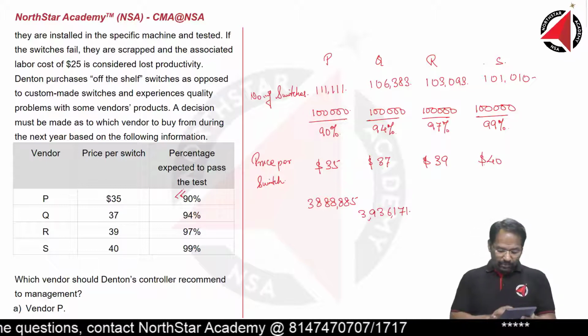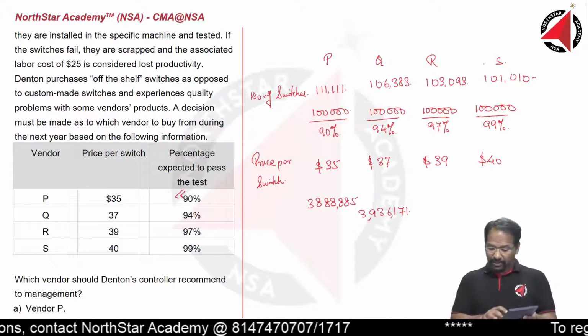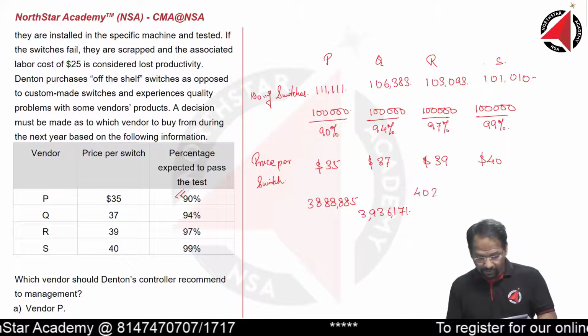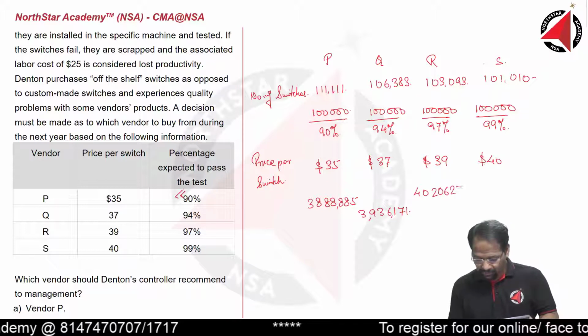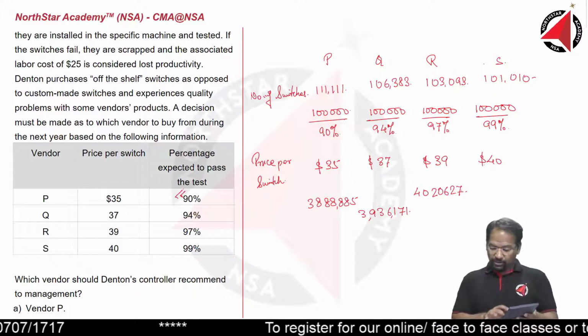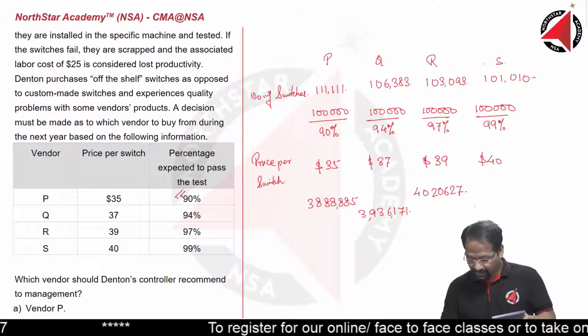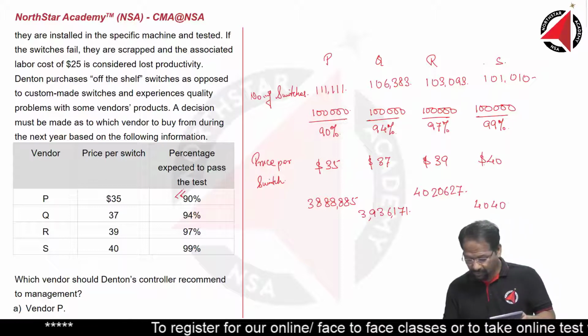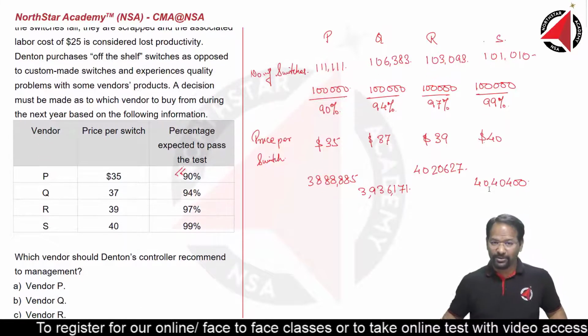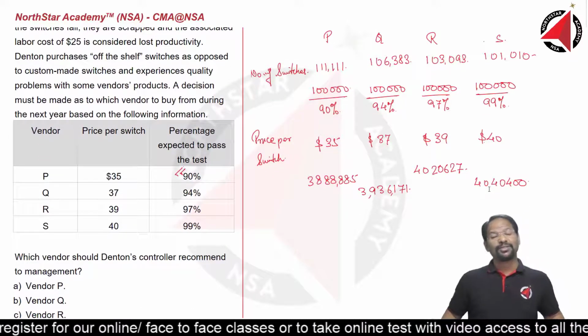The third one, 103,093 multiplied by $39, is 4,020,627. And the last one, 101,010 multiplied by $40, we get 4,040,400. This is our cost. Is it done? The answer is no, it is not yet done.